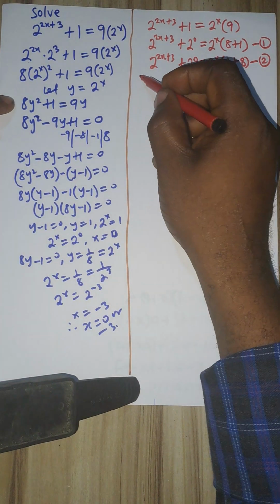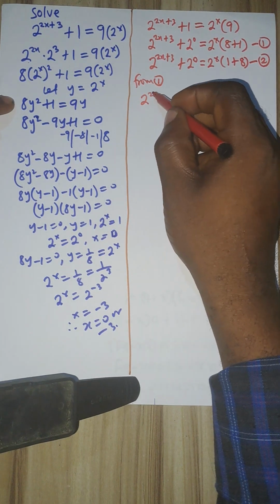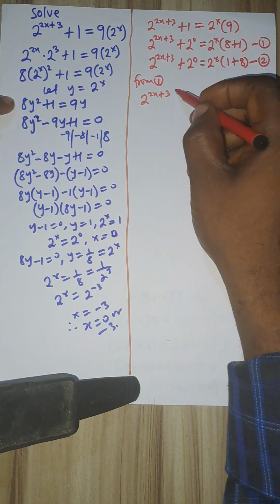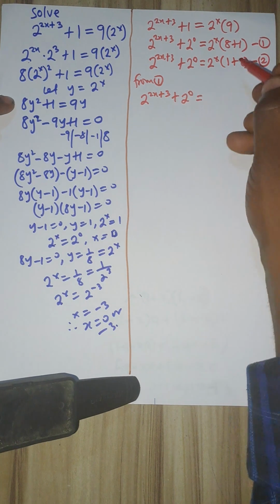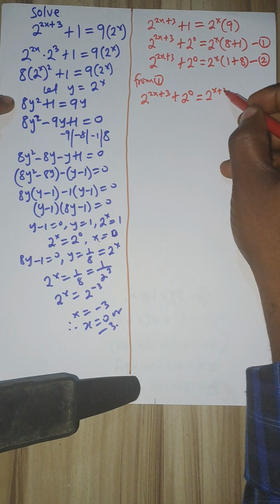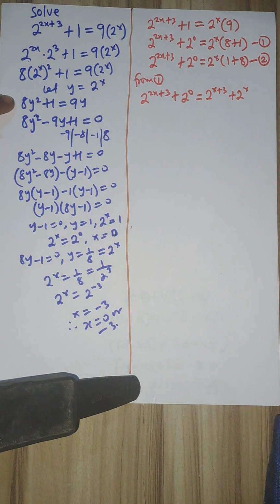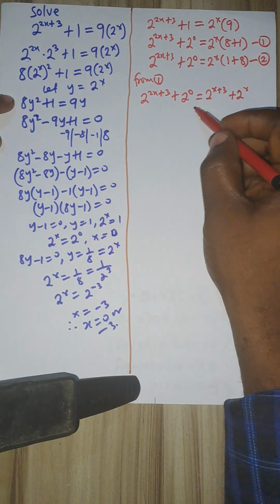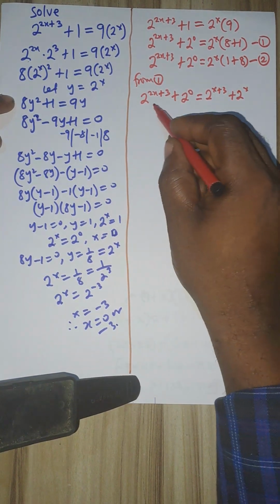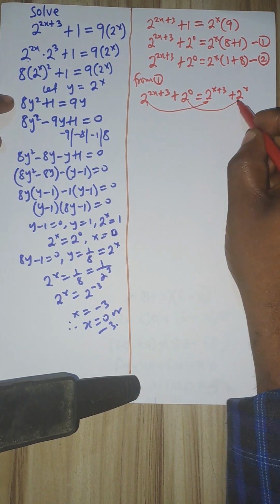Okay. From 1, you have 2 to the power of 2x plus 3, plus 2 to the power of 0, equals... 8 is 2 to the power of 3. So you have 2^(x+3) plus 2 to the power of x. Now what it means is that we equate exponents, because this and this are equal, this and this are equal.